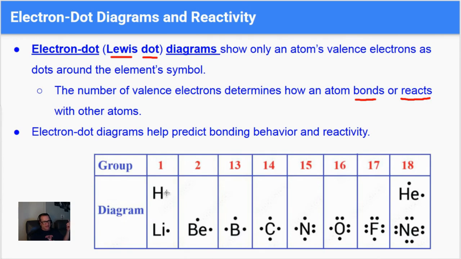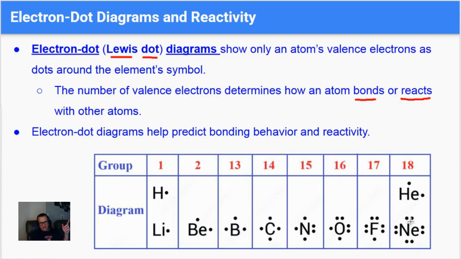So you just look at it. Each dot represents one valence electron. So hydrogen here has one dot because it has one valence electron. Same with lithium. Beryllium has two dots because it has two valence electrons. And you can see over here the noble gases. Helium, remember, only has one shell of electrons, and that first shell only holds two, so it's full with two.